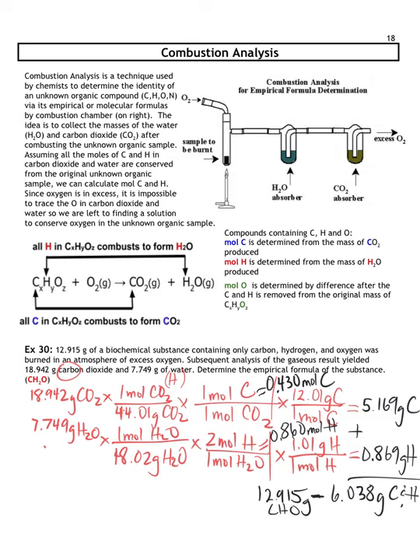And it turns out that oxygen, when I subtract, is 6.877 grams of oxygen. And now I can convert my grams of oxygen into moles of oxygen.